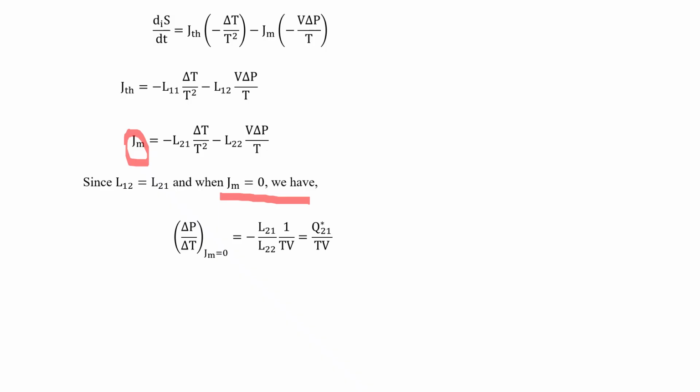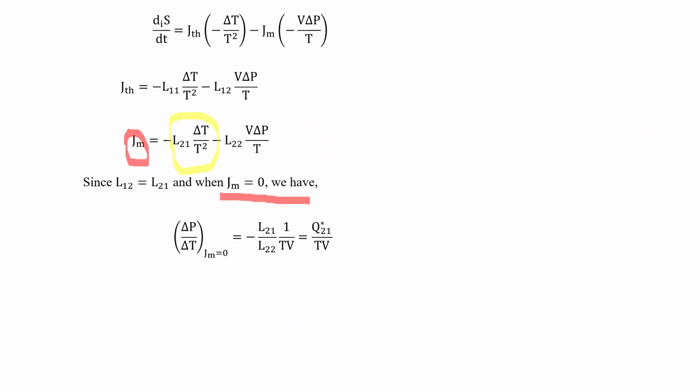So here when you bring this value to the opposite side of the equation, it will become plus. L21 del T by T square is equal to minus L22 V del P by T. So I will write it in a clear way.